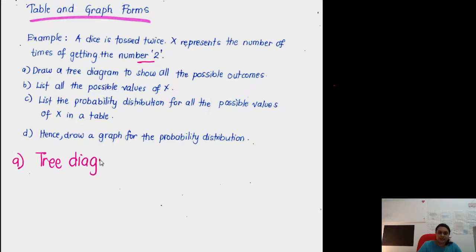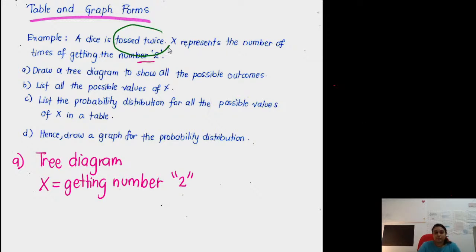So we know the X is for what? X represents getting number 2. So our focus is X is to get number 2. Now, how many times did the toss happen? 2 times. So it's given here already. You can highlight that it happened 2 times.